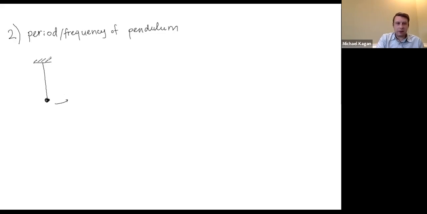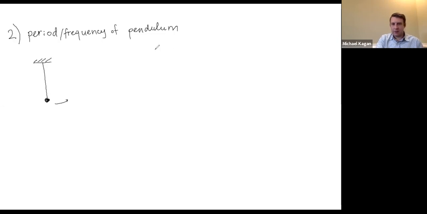Assume the angle is really small. If you don't know why it's important, you have to take my word for granted for now. In a few weeks we'll get to that more accurately. For small angles, the period and frequency do not depend on the angle, and this is called harmonic oscillator.